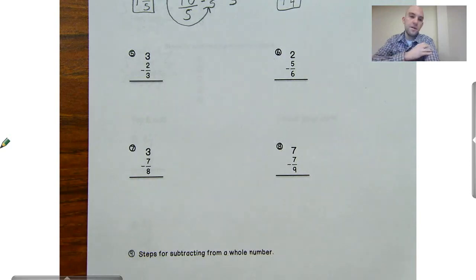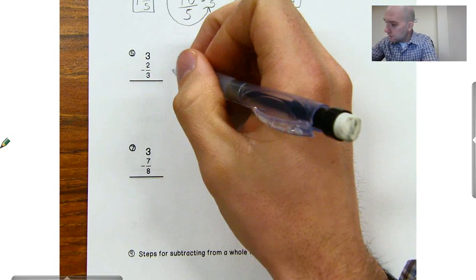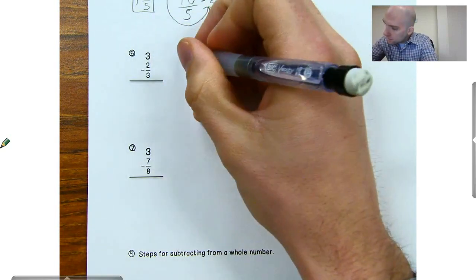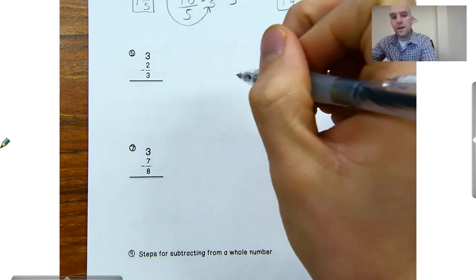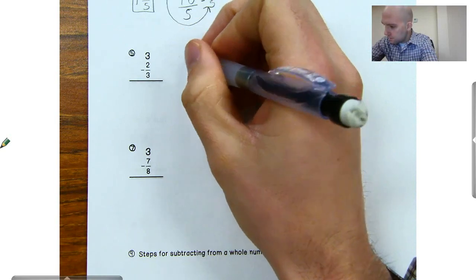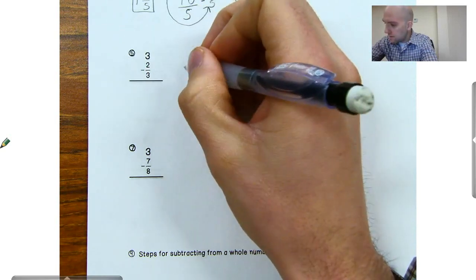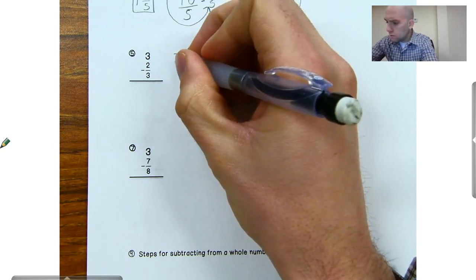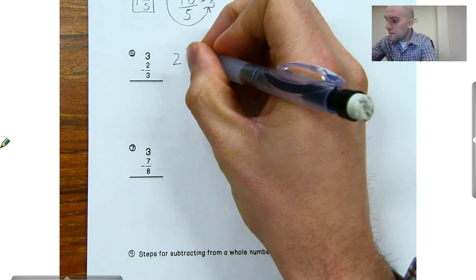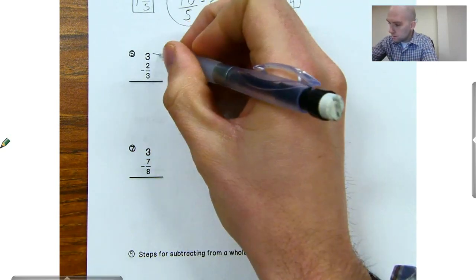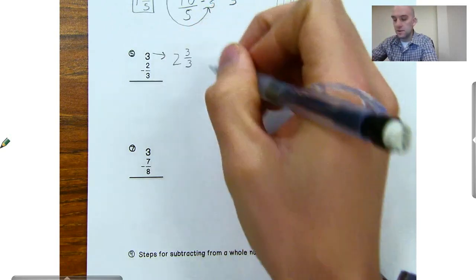Next, we have 3 minus 2/3. We can turn our 3 into thirds, but let's try this one a different way. So let's say we have 3, and we want to make that into thirds. Let's call that 2 and 3/3, because 3 is really 2 plus 3/3.